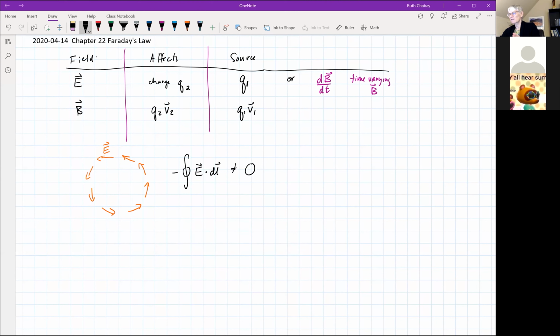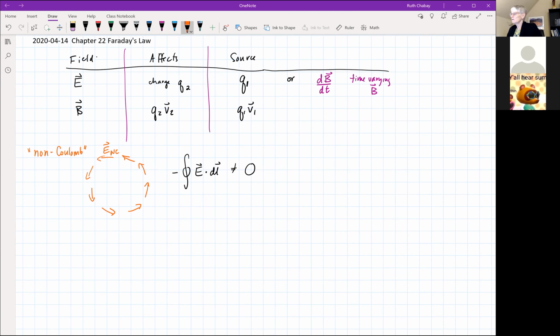So it looks like this is a really, really different phenomenon. And in fact, to distinguish it from the field made by charges, we call it a non-Coulomb electric field. It's not made directly by stationary charges.